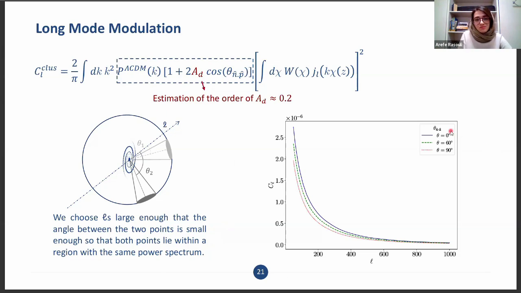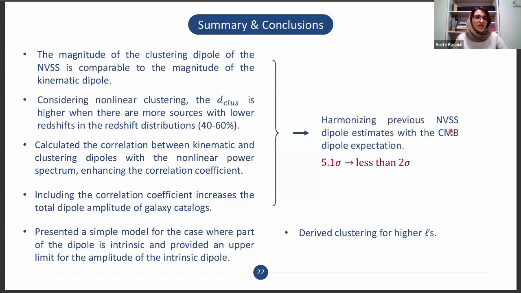To summarize, we saw that the magnitude of the clustering dipole of the NVSS is very similar and comparable to the magnitude of the kinematic dipole. As we consider the nonlinear terms and lower redshifts in our distribution, the clustering dipole increased by about 40 to 60%.